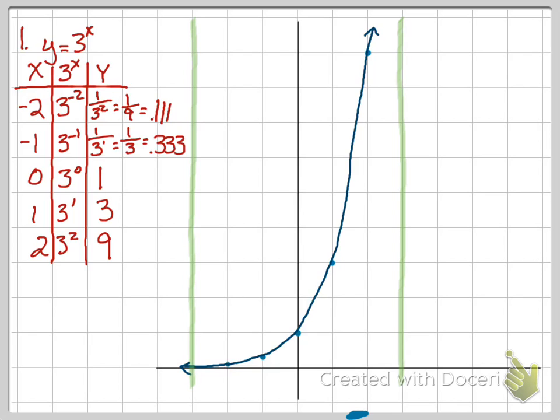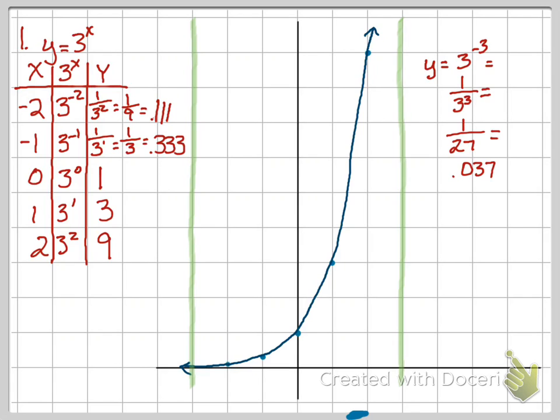When x is -3, we have y equals 3 to the -3rd. That gives us 1 over 3 to the 3rd, which is equal to 1 over 27. And 1 over 27 is equal to 0.037. That is repeating, but we're going to round to 3 decimal places, so just 0.037.